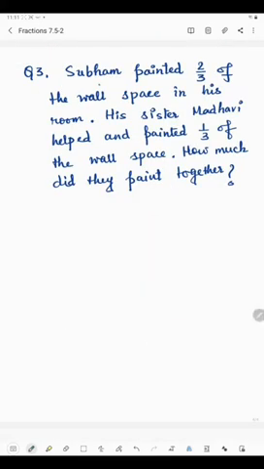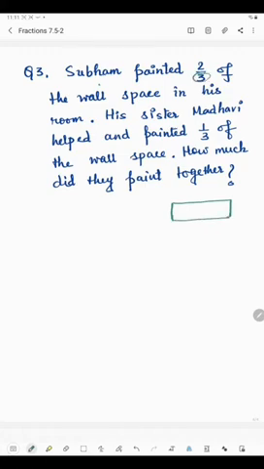Now question number 3 says Shubham painted 2 by 3 of the wall space in his room. His sister Madhavi helped and painted 1 by 3 of the wall space. How much did they paint together? Now Shubham painted 2 by 3 of the wall. Suppose this is the wall and Shubham painted 2 by 3.